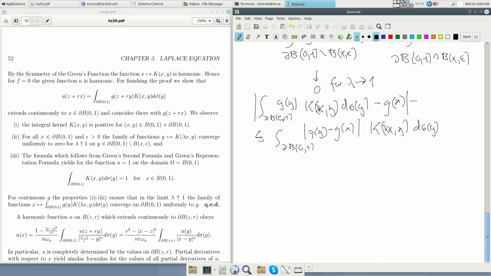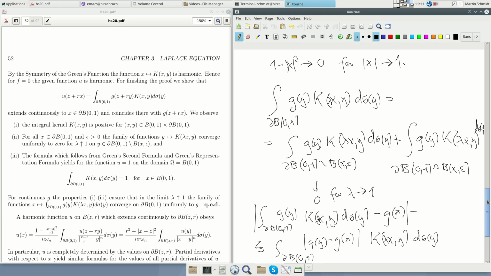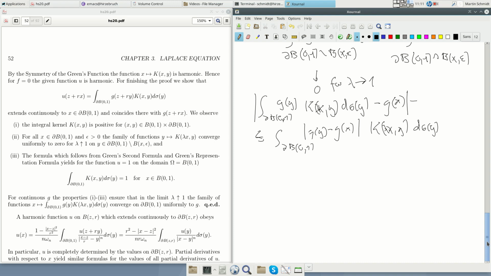Observe that k is positive, so we may estimate the second part, this part here, by the integral over the unit sphere intersecting with the epsilon ball around x.